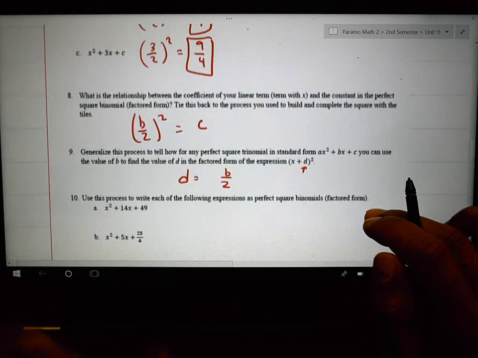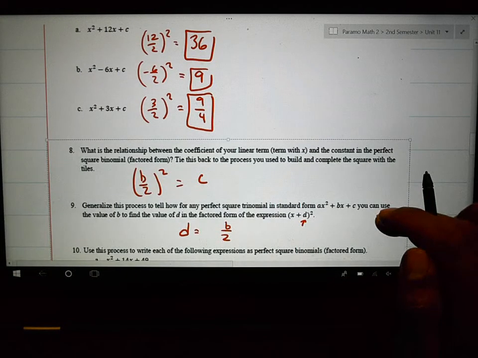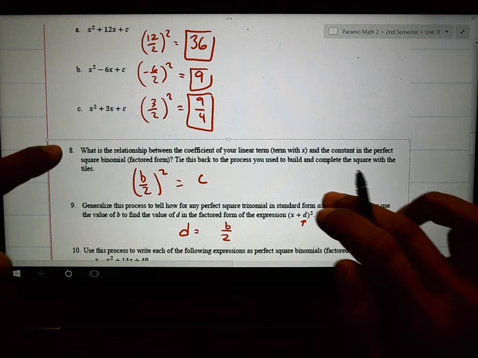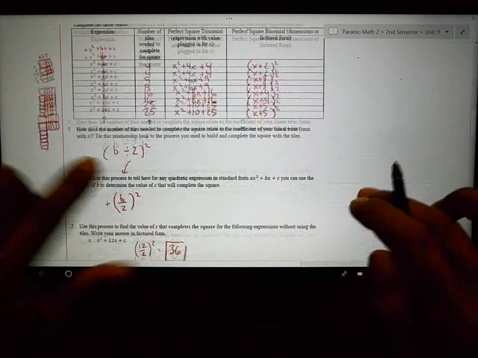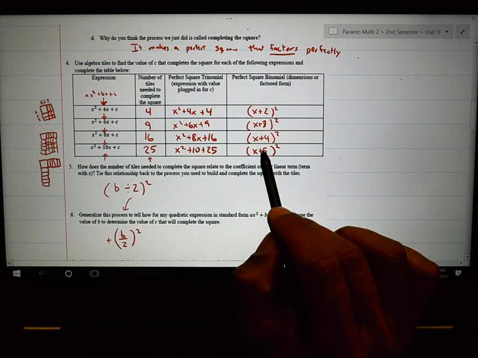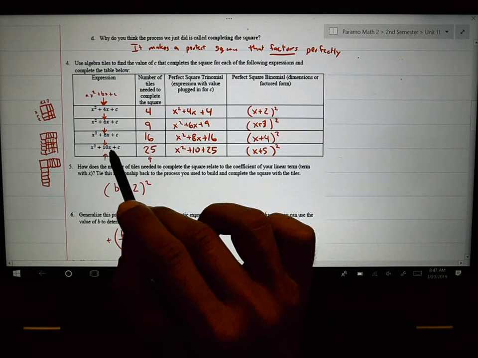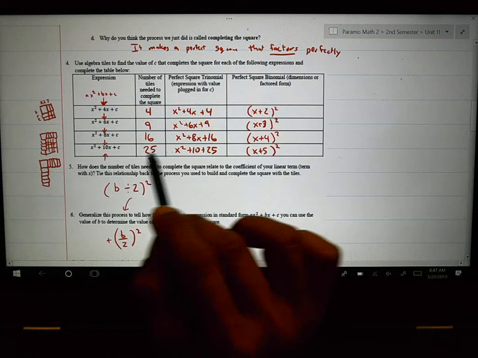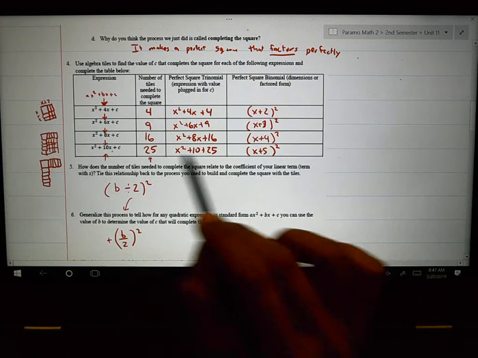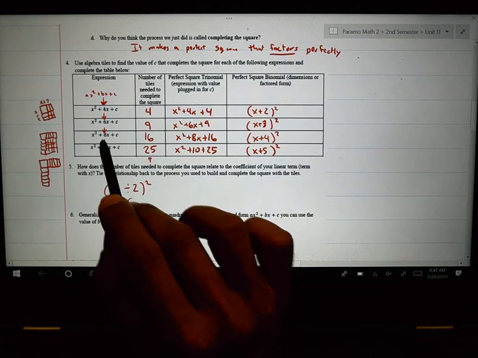This one's kind of harder to see because they're asking you to really go back to this chart. And they're saying, hey, what does this have to be when you know that the C value is this? When you did the half of B to figure out this number, well, what was the half of 10? It was the 5. The 5 is what goes in there. What's half of 8? Well, the 4 goes in there.